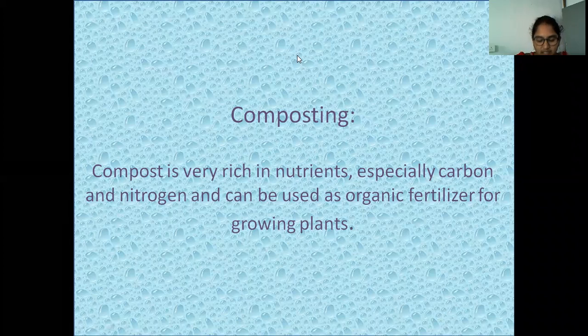The biodegradable organic materials suitable for composting are sawdust, wood scrapings, dried straws, dried leaves, grass clippings, weeds, etc., and also fruit and vegetable scraps and petroleum hydrocarbons. Compost is very rich in nutrients, especially carbon and nitrogen, and can be used as an organic fertilizer for growing plants.